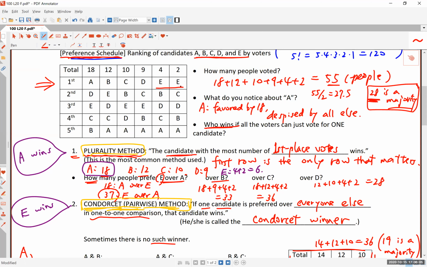E was the first place choice for only 6 people. Remember? Now, E actually won on the Condorcet method, but if you look strictly at the number of first place votes, A is the first, B is second, C comes in third, D comes in fourth, and E has the least number of first place ballots, and that's 6, okay? Only 6 people thought that E is going to be the best candidate.